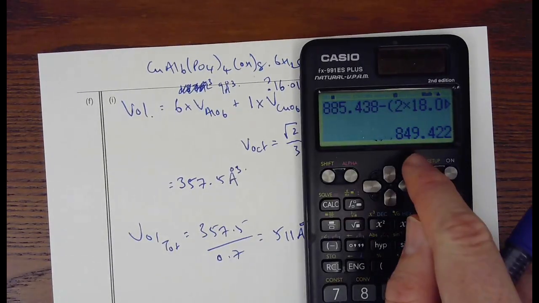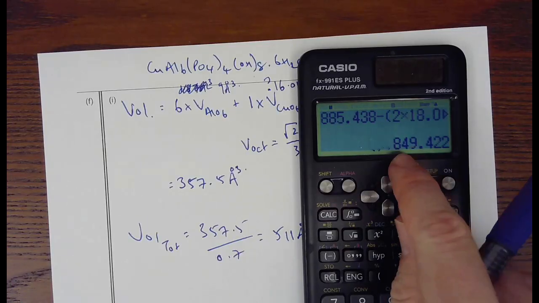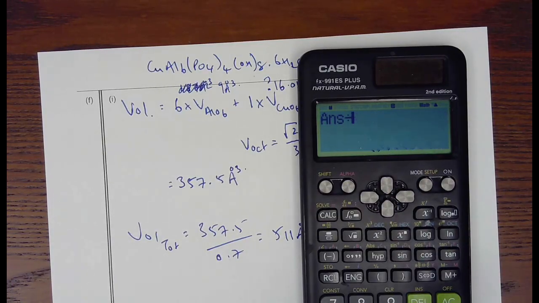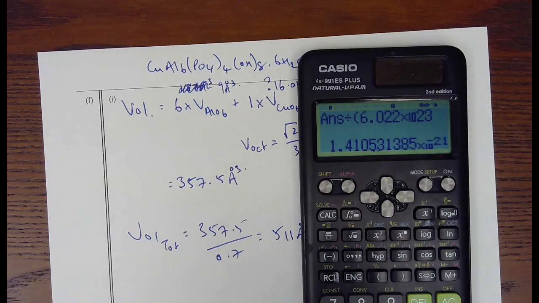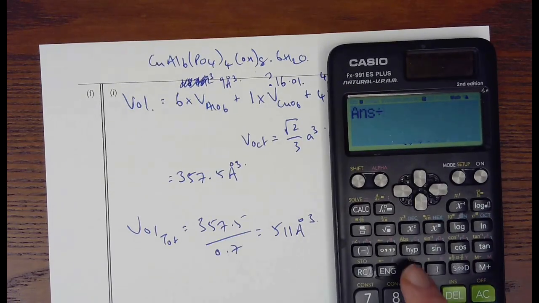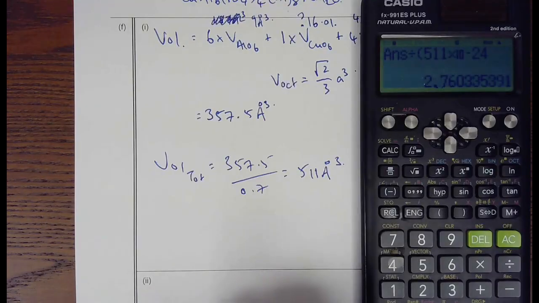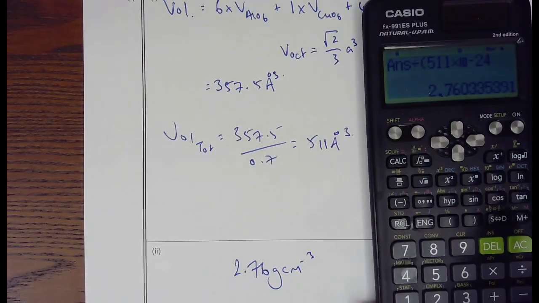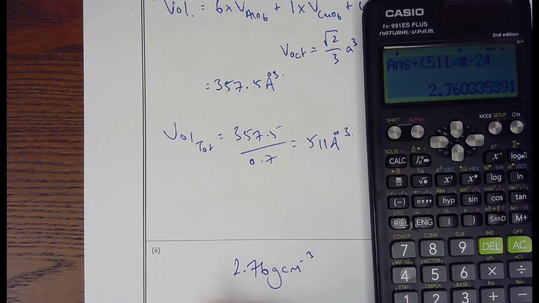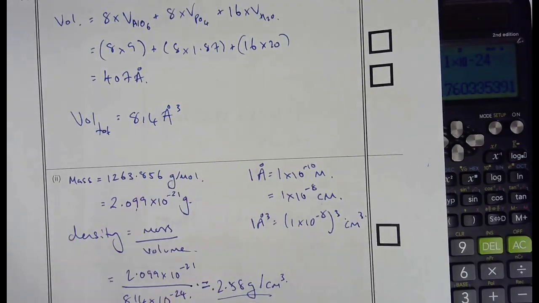Then I divide that by 6.022 times 10 to the 23, that's my mass in grams. Then I divide it by, it's the same calculation again, 511 times 10 to the minus 24 to give me 2.76 grams per centimetre cubed. I've not written the working out because it is just the same as the calculation you saw earlier.